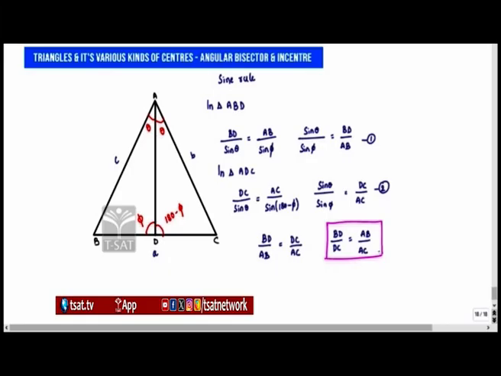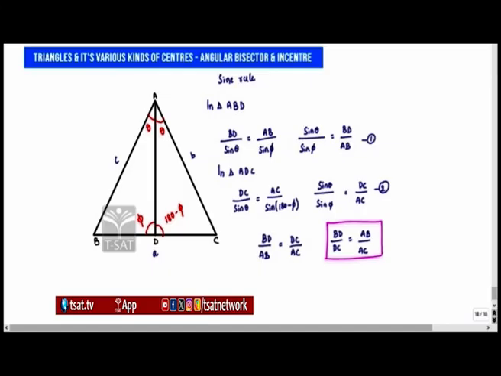So, for this triangle, the angular bisector AD divides the opposite side BC in the ratio of its adjacent sides. Now, what are its adjacent sides? The adjacent sides are AB and AC.